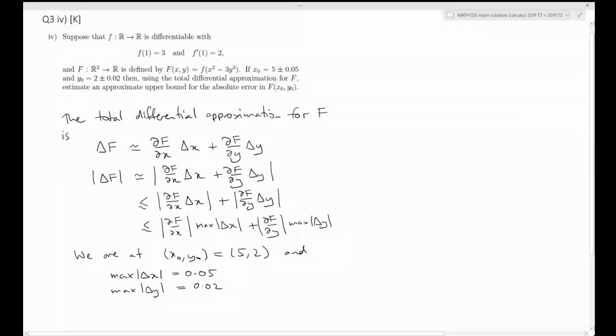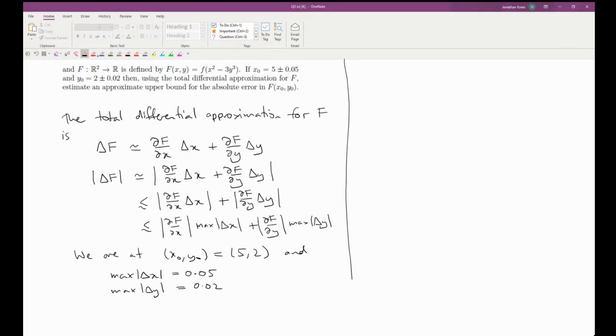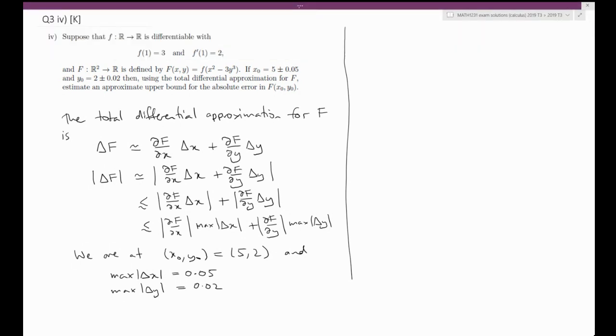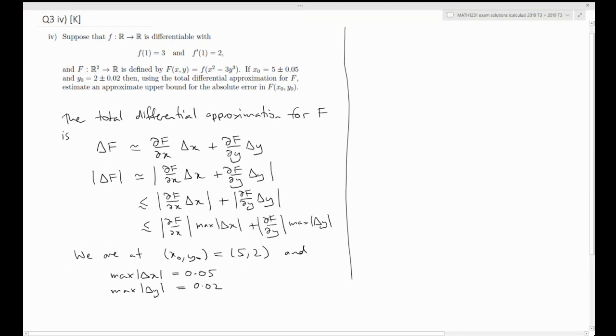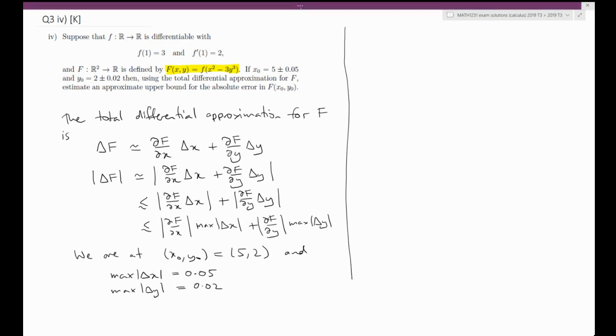Now we're also told how capital F is related to little f, and that's going to come into our calculations with the derivative. So I might just move over to the right here. We're told that, maybe I'll highlight it, capital F is related to little f in that way there.